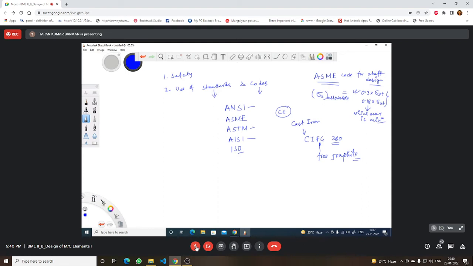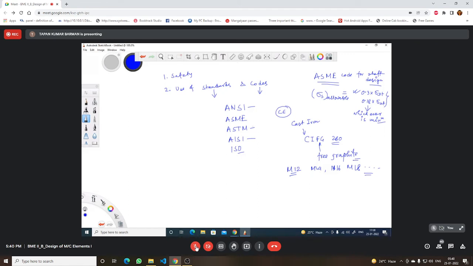Okay, so this way also you will find M20 metric thread. For threads also the things are standardized, say M12, M14, M16, M18, like this you will get the things.